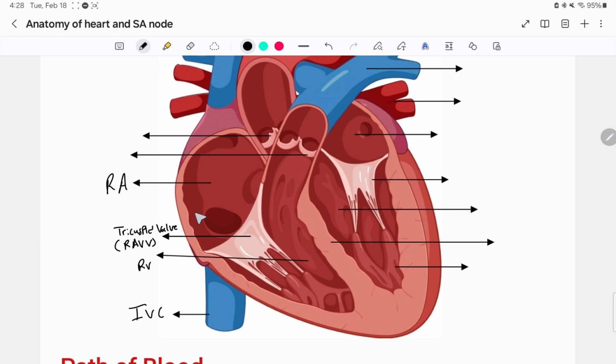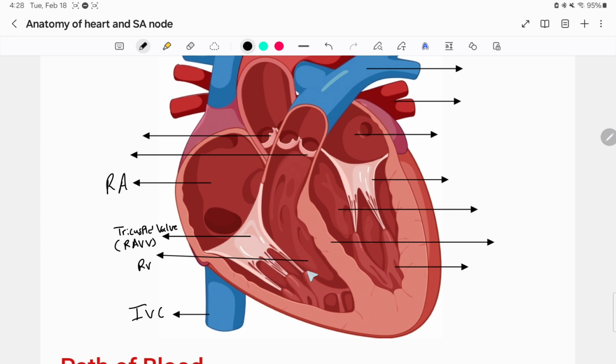But more commonly, you'll see it referred to as the tricuspid valve. And we'll see a little bit later why they call it tricuspid, okay? Now, the blood from the right atrium will go through this tricuspid valve into the right ventricle.